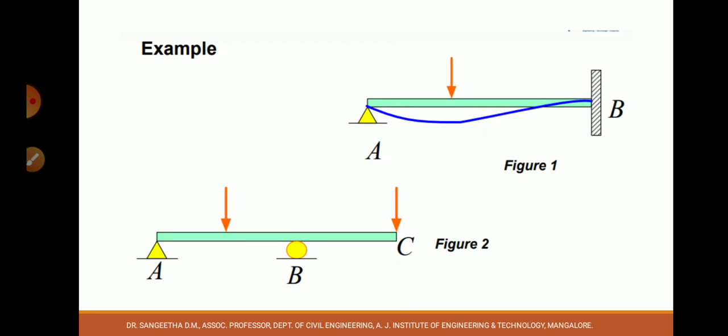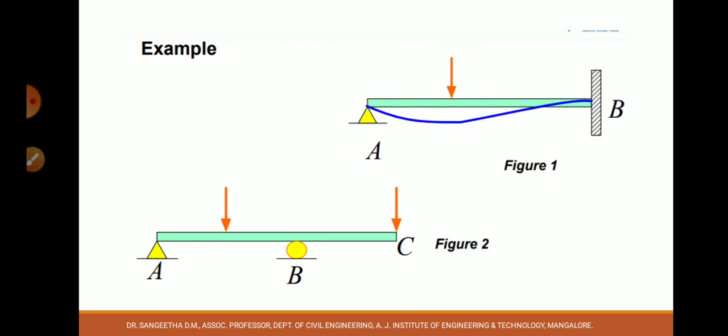It is totally restrained. When support A is hinged, it cannot move, but it can undergo rotation. So at that point movement is restricted, but rotation can happen. At the point of load there is deflection.